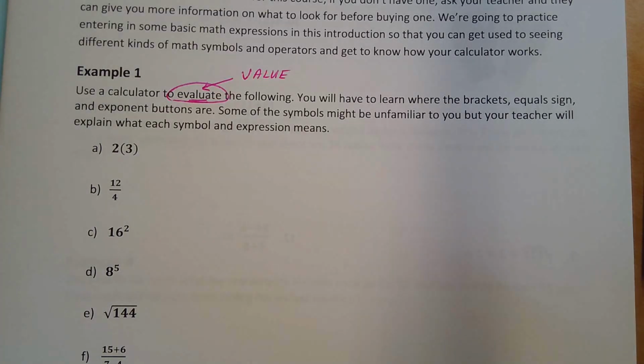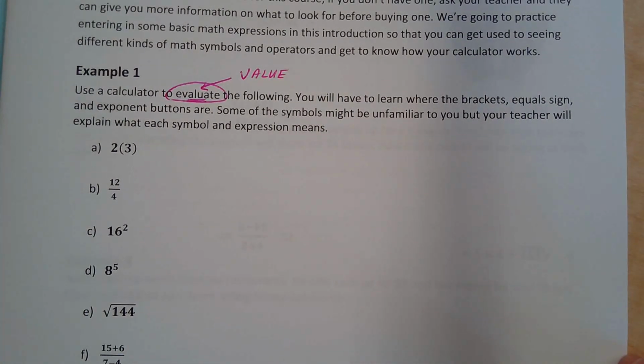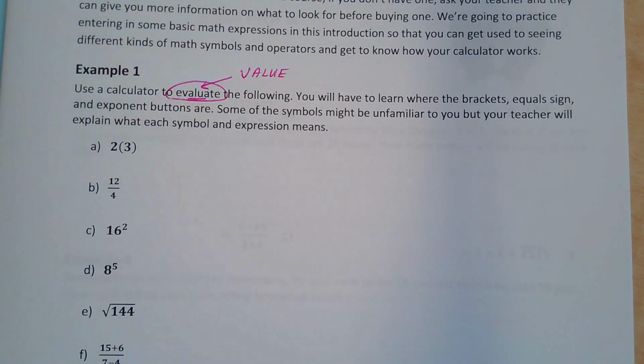Now what we're going to do is use the orders of operation. Who's heard of the term orders of operation? Few people have. The word order, what does it mean? It's something that needs to be done first, so you've got to put it in order.